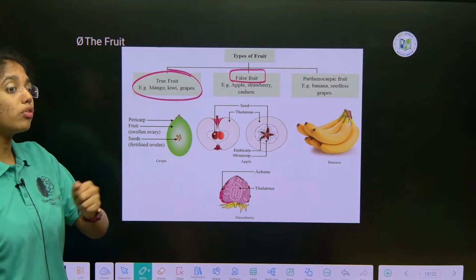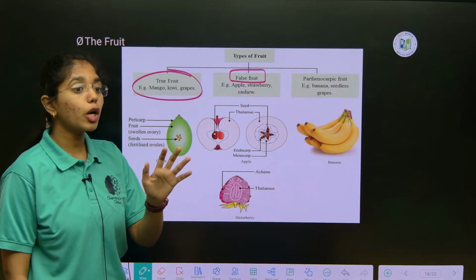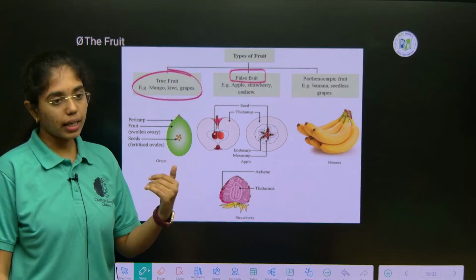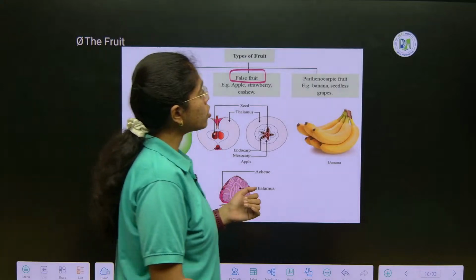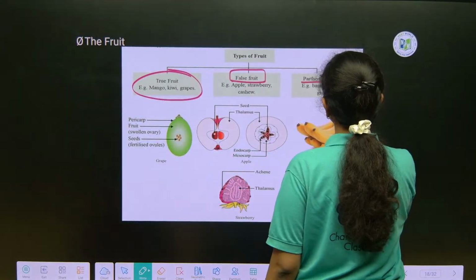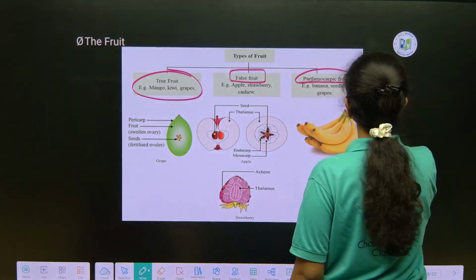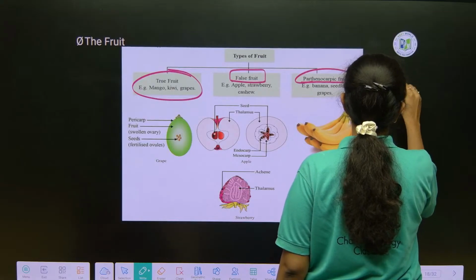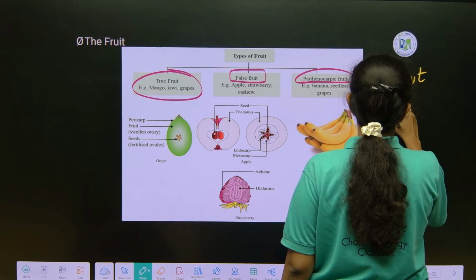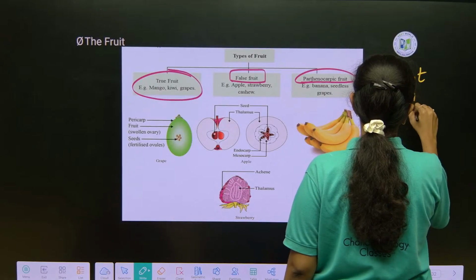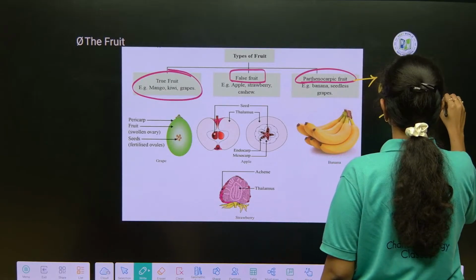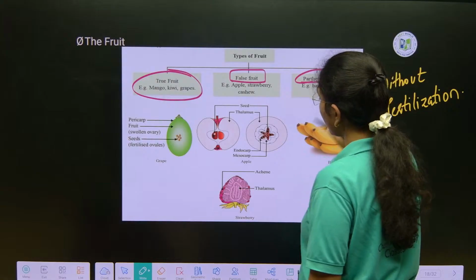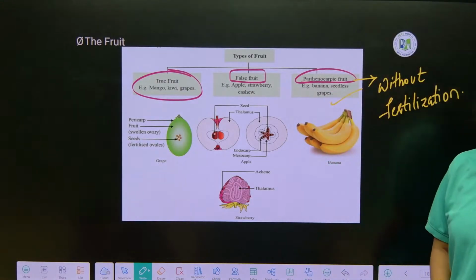And a few fruits don't have seeds. That is because of the absence of fertilization. So, those fruits are called what? Parthenocarpic fruits. Fruit formation without fertilization. Parthenocarpic fruit examples: banana and seedless grapes.